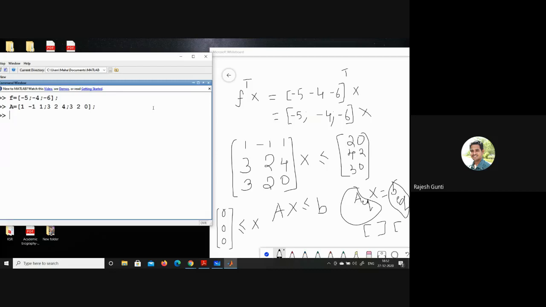Next, right hand side b is equal to 20; 42.